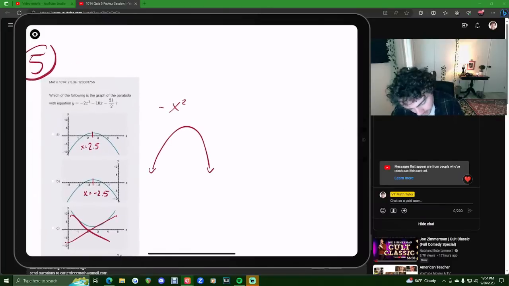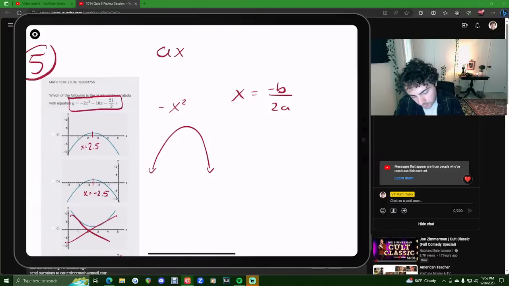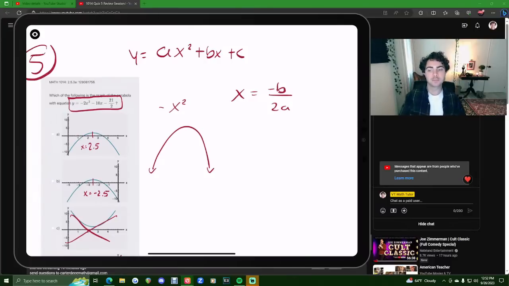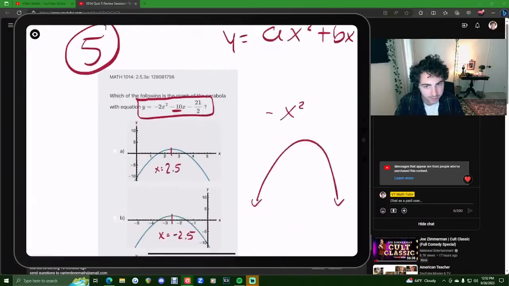Well, we're going to use this nice formula, negative b over 2a, and that will find us the x value of the vertex of any quadratic function of the form ax squared plus bx plus c, or y equals ax squared plus bx plus c. So what is our b in this case? Our b should be next to the x, so negative 10.